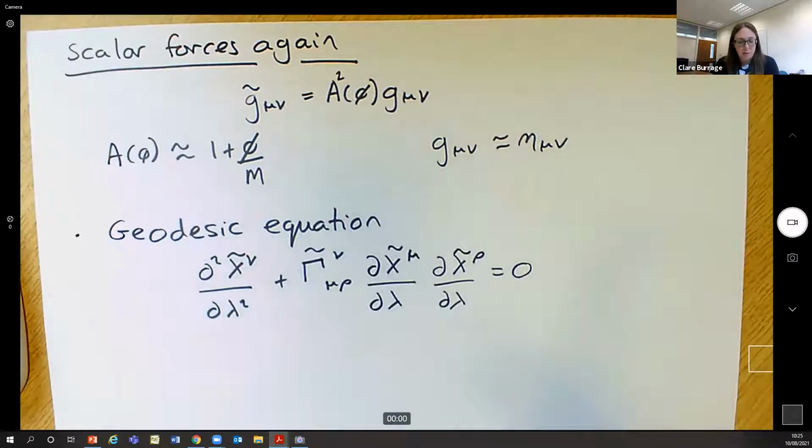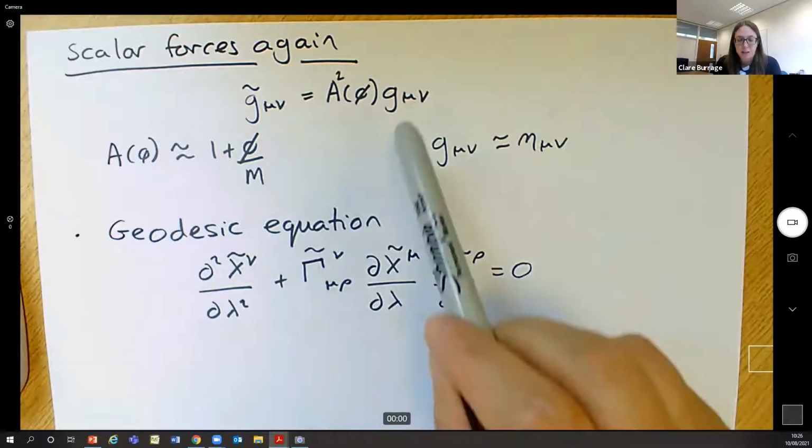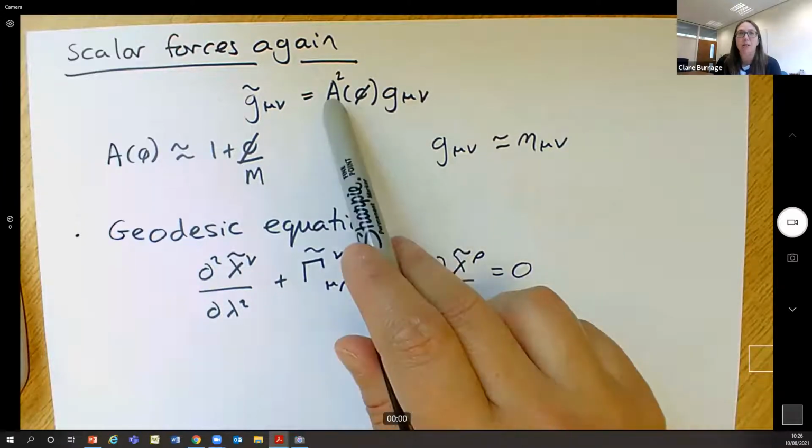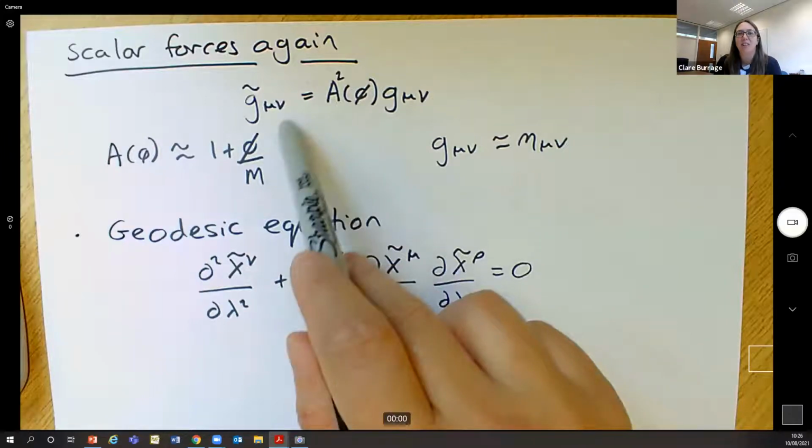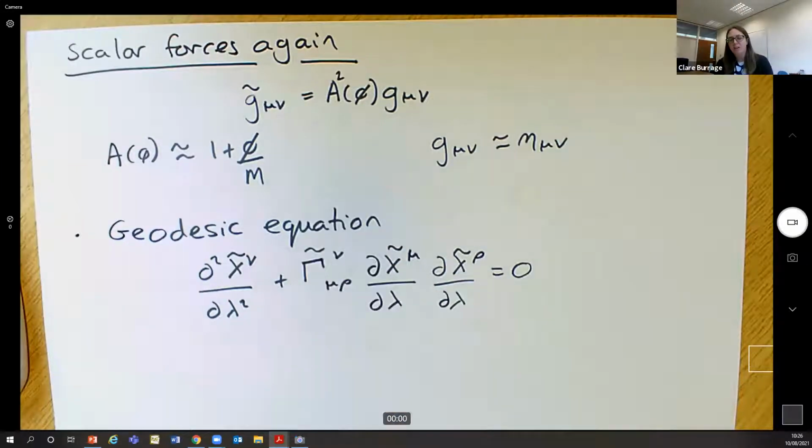So if we compute our Christoffel symbols now in terms of A and G, if we substitute our G tilde into here, we're going to get derivatives of A and derivatives of our scalar field showing up. And that's already all you need to know to see how the derivative of the scalar field is going to enter this calculation.